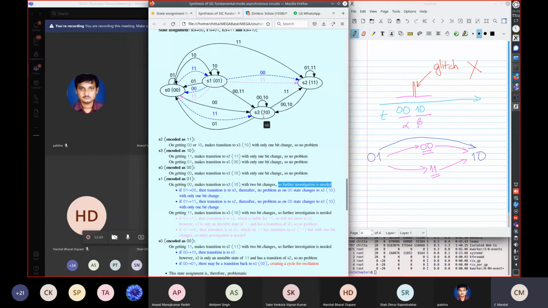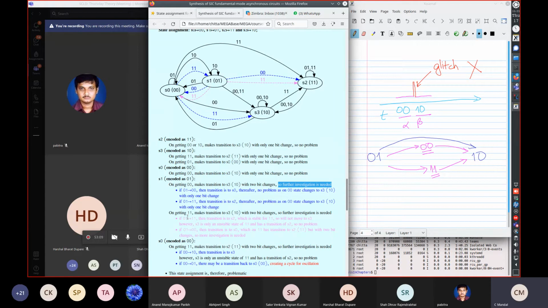So it's still all right. You're going to have your desired transition, even if you're actually following this path. But see what happens here if you get 1, 1. This is the important part.